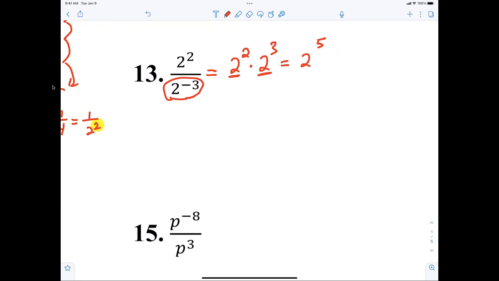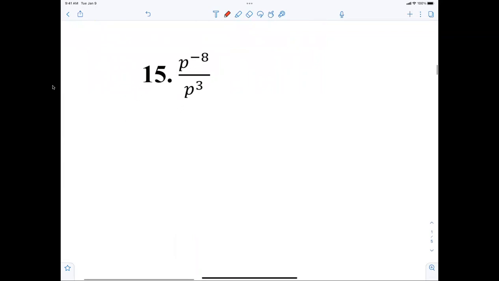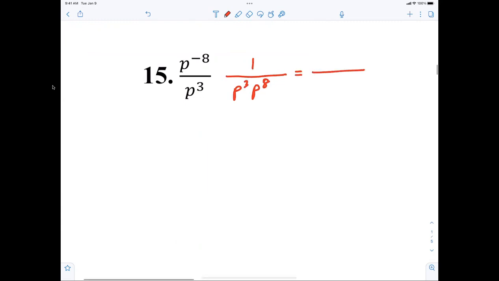All right, here we go. 15. What do I do? Yes. And so you would have what on the bottom? Exactly. What's on the top, though? 1. Beautiful. So my final answer is, yes, 1 over p to the 11th. 1 over p to the 11th.